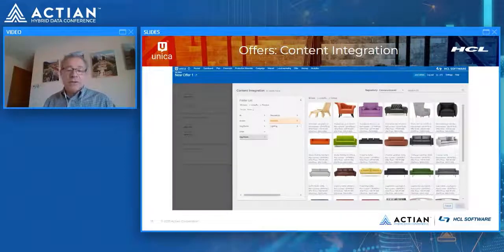I also wanted to mention the fact that offers are integrated with content management systems and basically can be wrapped around content coming from our own digital experience CMS or Adobe Experience Manager or any other CMS that we can integrate with using REST APIs.